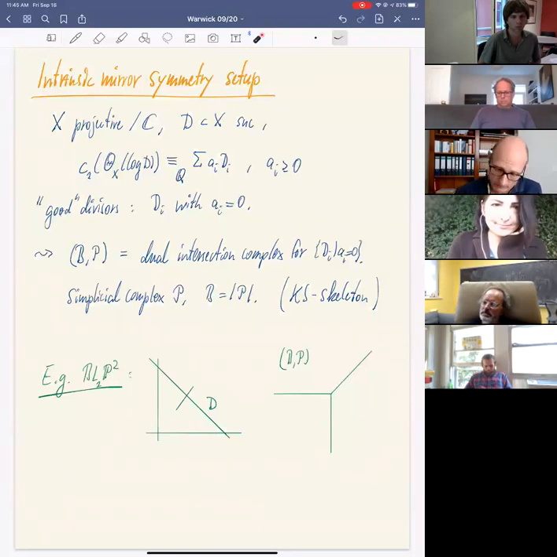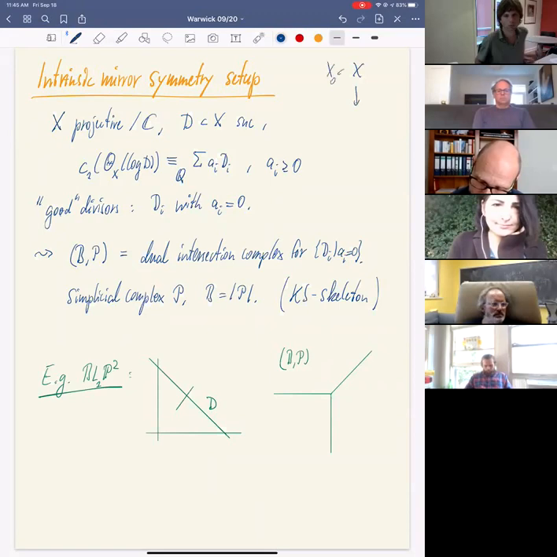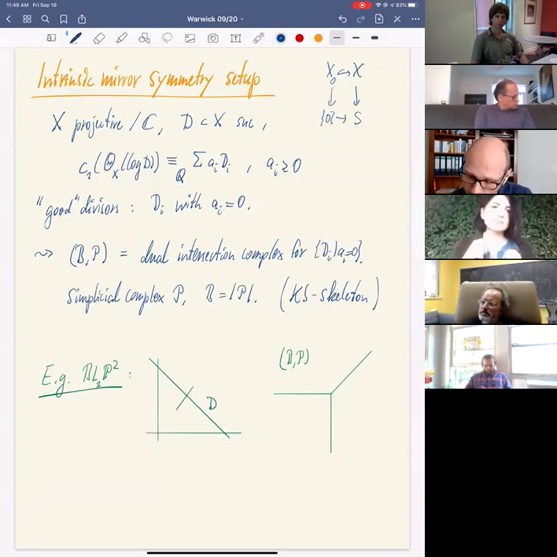There's another case which is relative, where we would have a degeneration. There's an x0 in x, and that degenerates over, let's say, the spectrum of a discrete valuation ring, and you have a closed fiber. That would be the relative case. And I'm not going to talk about this case, okay?